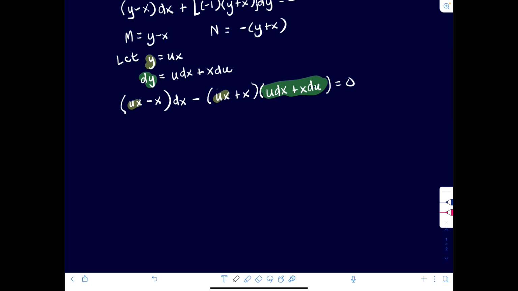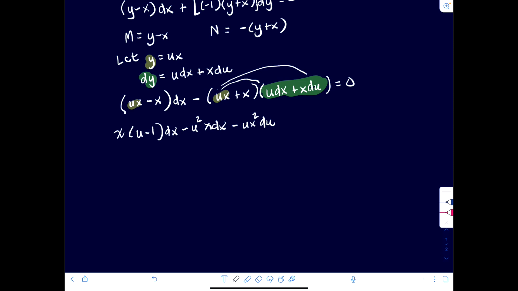So now we will have x times (u minus 1) dx minus, so I need to distribute through, so u times x times u dx gives me u squared x dx, and then u times x times positive x du, so I did this one and this one, and there's a negative on the outside, so I'll have minus u x squared du.